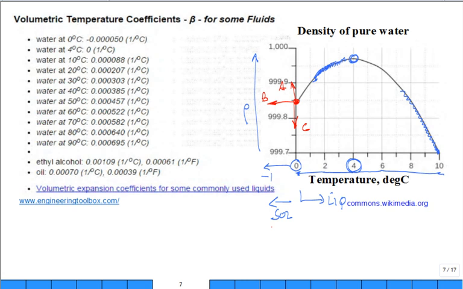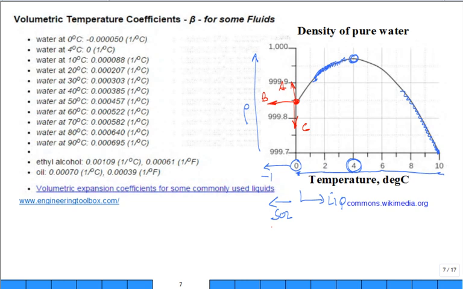What happens to the density as I go from liquid water, 0 degrees C, to solid water? Everybody in? It makes you think a little bit, doesn't it? All right. So what happens when you freeze it? Does it contract or does it expand? It expands on freezing.